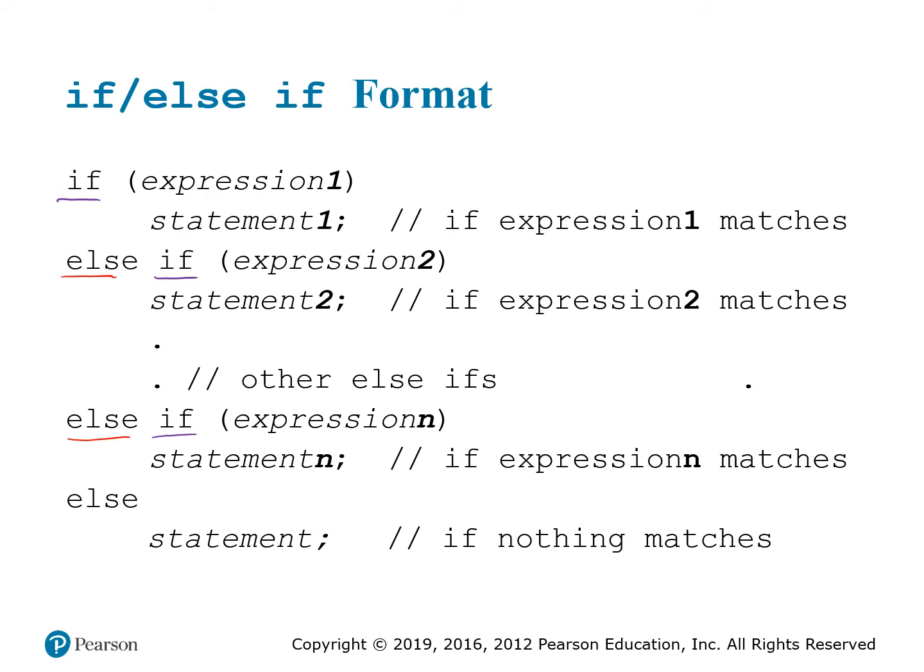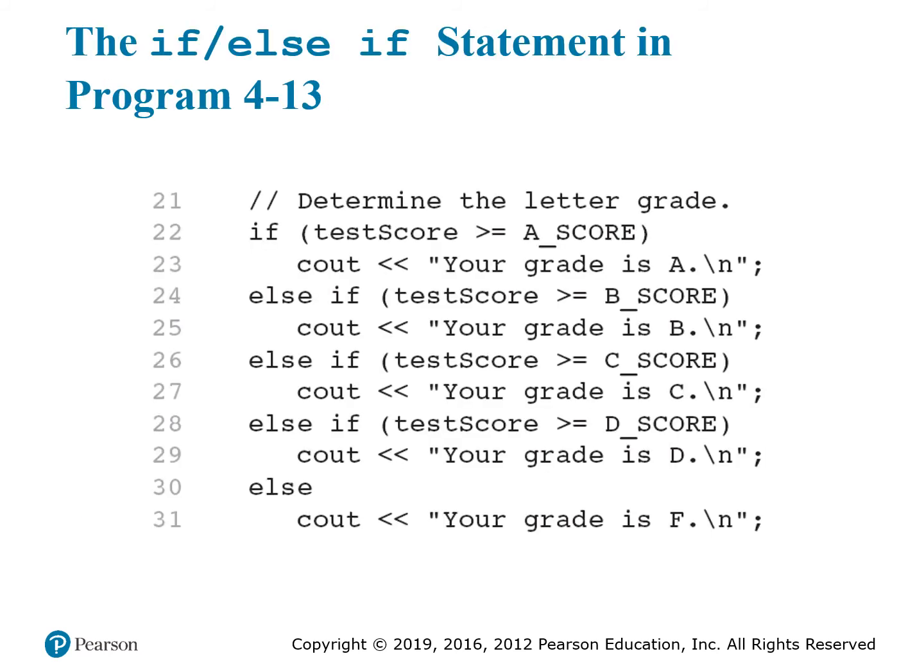If expression n matches, we'll do statement n, and then else, if nothing matches, we've got one last statement that we can run down here. If none of these other weather-specific situations come up, then walk outside in your bathrobe. I don't know, whatever the other else is.